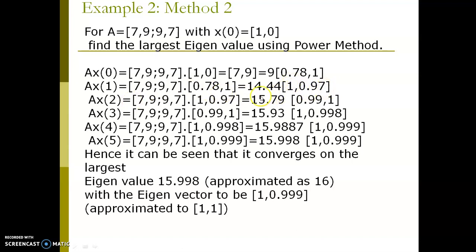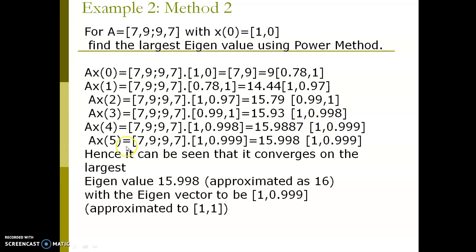If you have understood this method, you can keep on calculating by using the previously calculated vector for multiplication with A, extracting the largest value outside to convert the vector into quantities which have value at most 1.